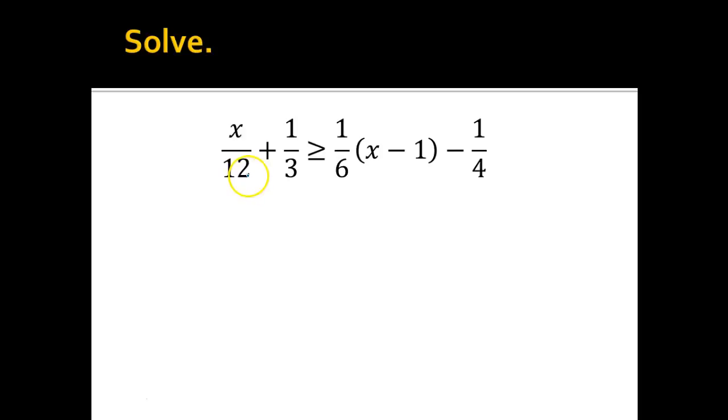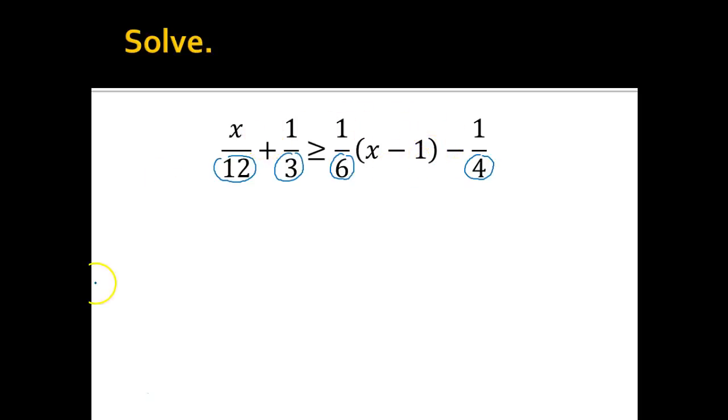So we have a 12th, a third, a 6th, and a 4th, and I think you can see that all of those numbers can be divided evenly into 12. 12 divided by 12 is 1, divided by 3 is 4, divided by 6 is 2, and divided by 4 is 3. So they all go in evenly.